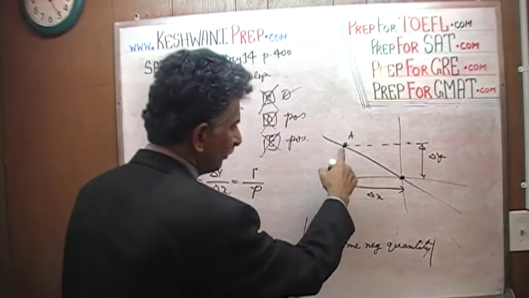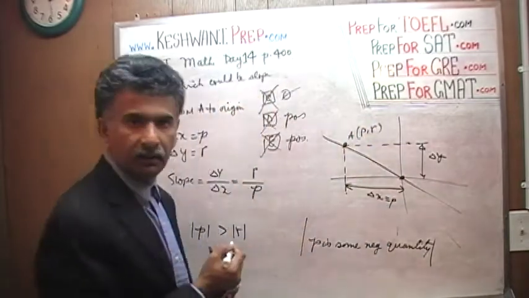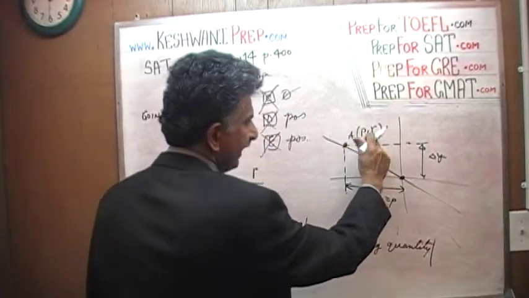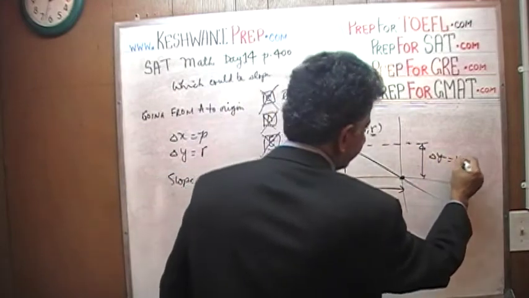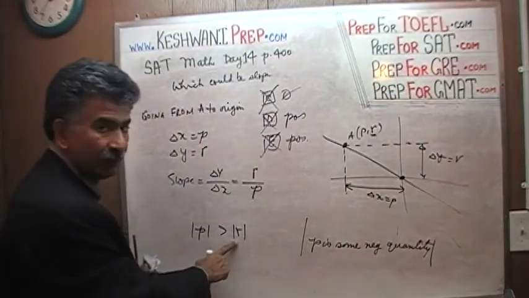Change in x is your p, because this point has the coordinates p and r, and the change in y is the r coordinate. And we are told that the absolute value of p is more than the absolute value of r.